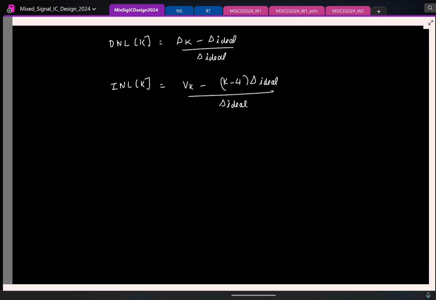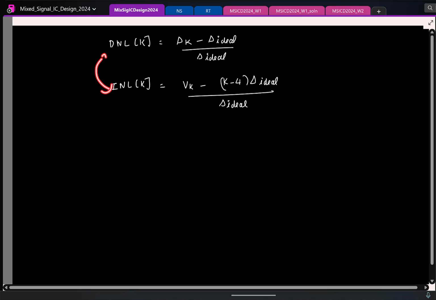So from this, can you think how these two are related? Hint is, remember, Vk plus 1 minus Vk, what is this? It's delta for the code K. Based on these three pieces of information, can you tell me what could be a possible relation?